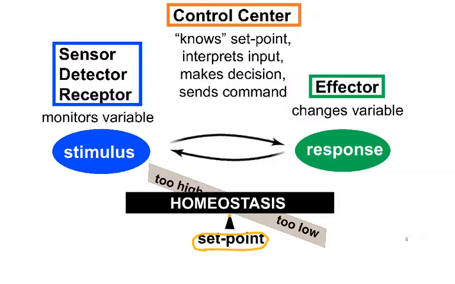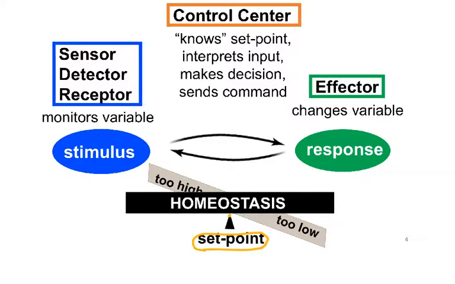So if we think about blood pressure, for example, which is governed by homeostasis, the set point for someone with normal blood pressure is, say, 110 over 70, 120 over 70, something like that.